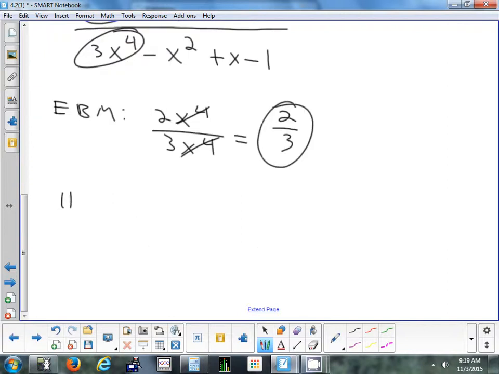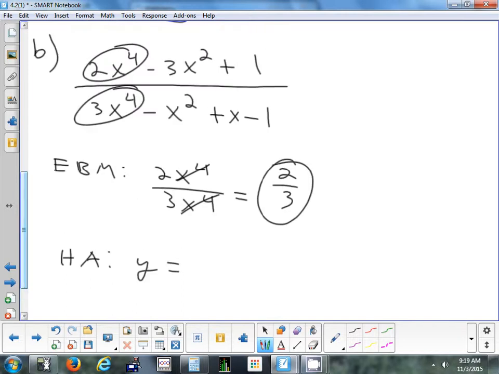Okay, now our horizontal asymptote. In our end behavior model, you let x get bigger and bigger. Well, there isn't even an x here. So as x gets bigger and bigger, what happens to this fraction? Nope, it doesn't get smaller because there's no x there.